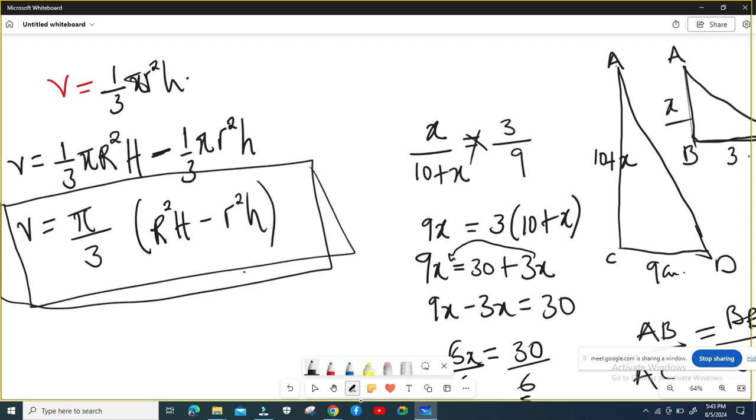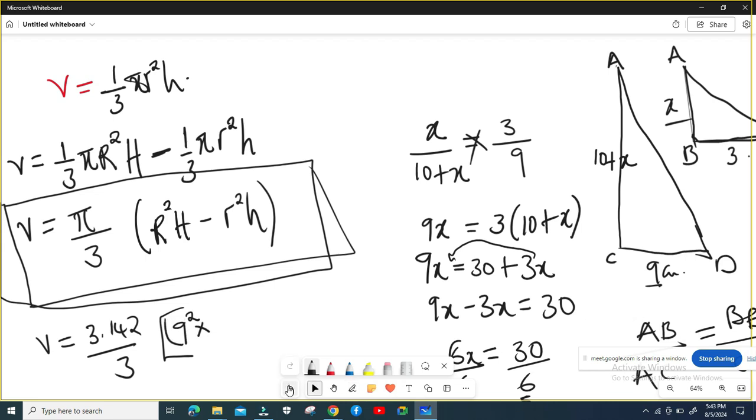Now let's do some substitution. Volume is equal to pi, which is 3.142, over 3, and then the big radius, we said it is 9, so 9 squared, times the big height. We need to appreciate how to identify the big height.